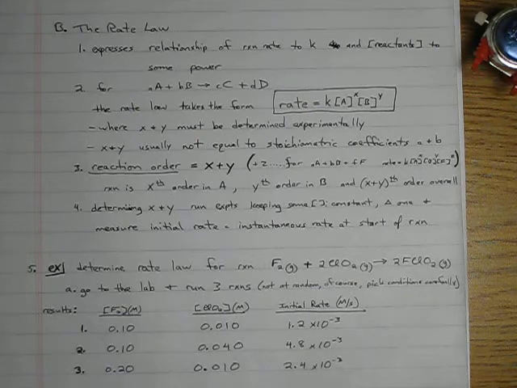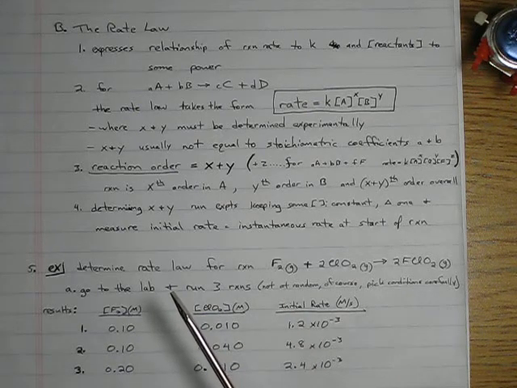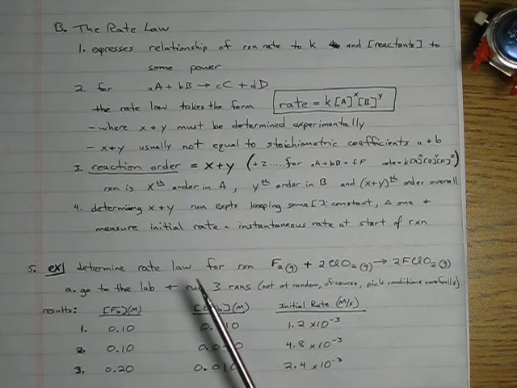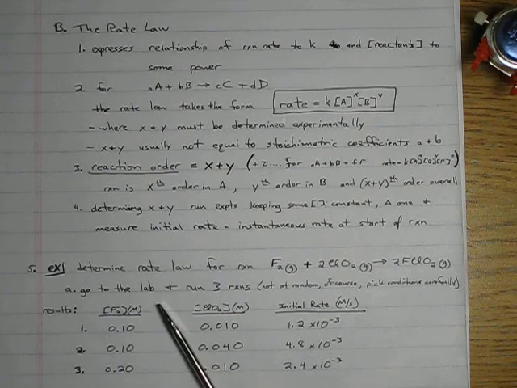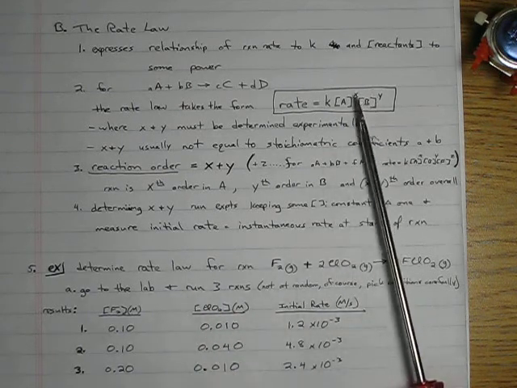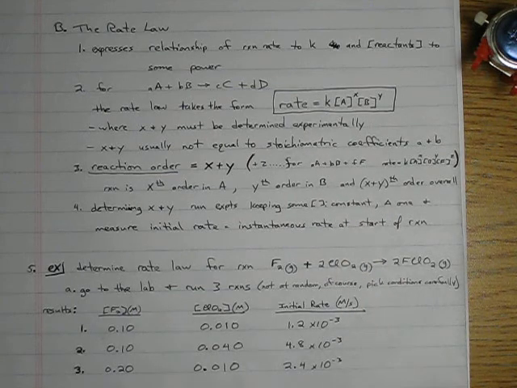So how do we determine X and Y? What experiments do we need to run to find out both X and Y and determine what K is? It's really pretty simple in theory. It can get complicated to do in practice, but this is the deal.